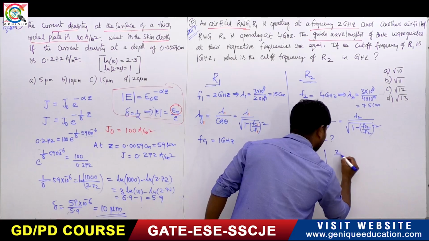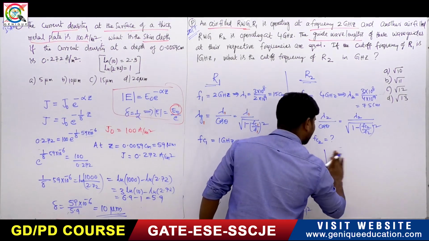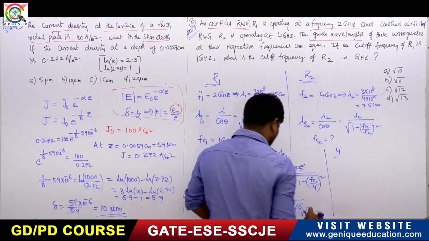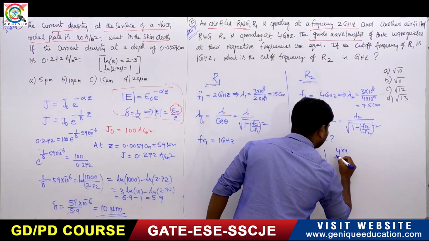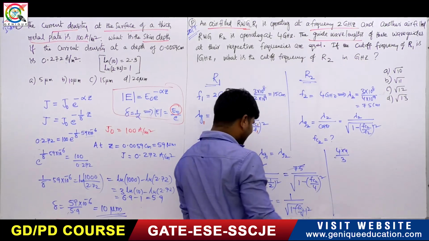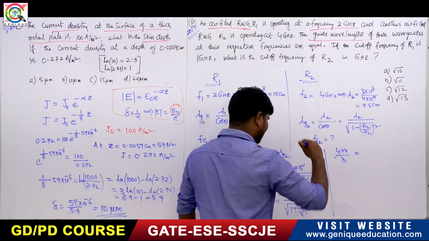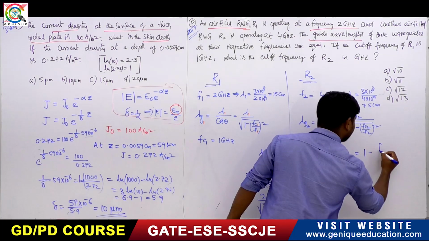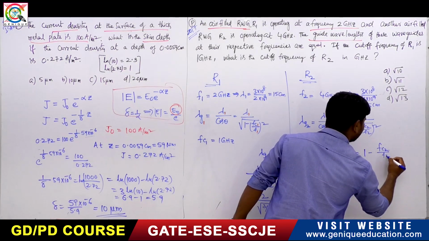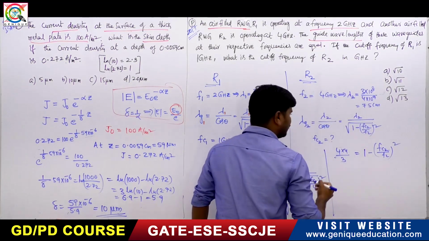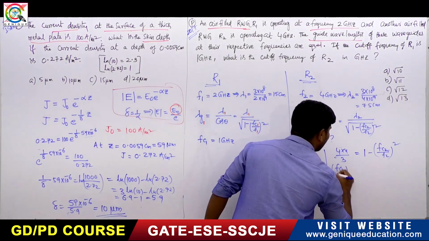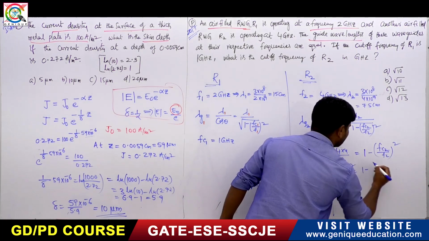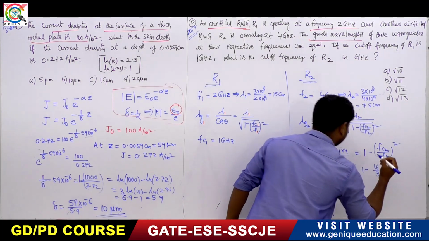Here 2 divided by root 3 by 4, squared, gives 4 into 4 divided by 3, which is 16 divided by 3, equal to 1 minus fc2 divided by f2, whole square, when inverted. So from this, fc2 divided by f2 whole square is equal to 1 minus 16 divided by 3.